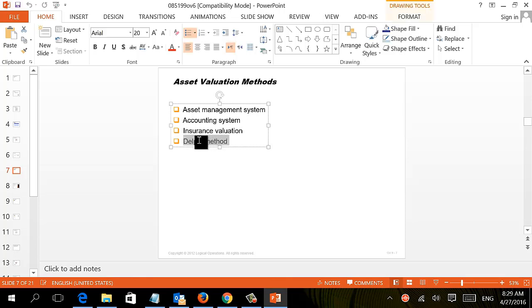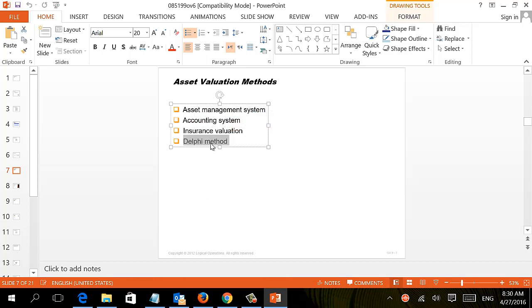Please take a note about this one: the Delphi technique. It's a technique used to evaluate the information assets, and it depends on expert opinion and survey. The keywords here are expert opinion and survey. We are doing a survey of expert people to be able to identify the value.